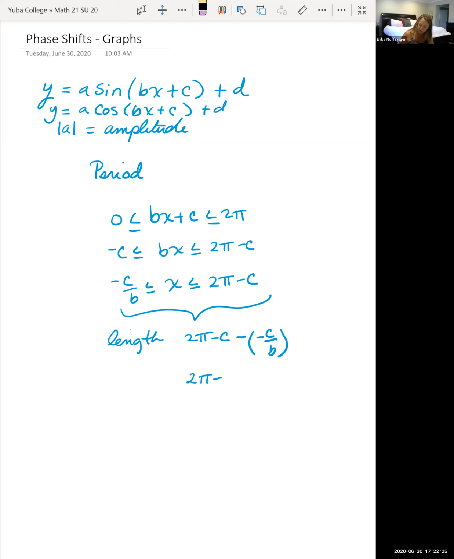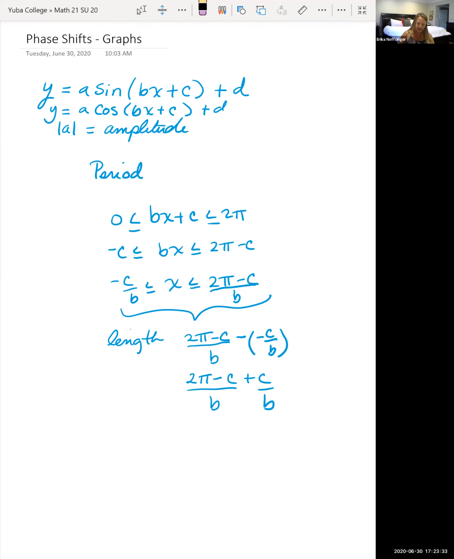So this is 2 pi minus c plus c over b. I forgot, when we were dividing by b, to divide the 2 pi minus c by b.